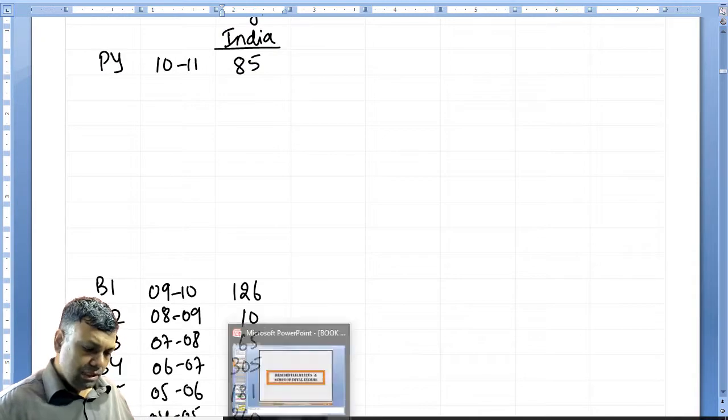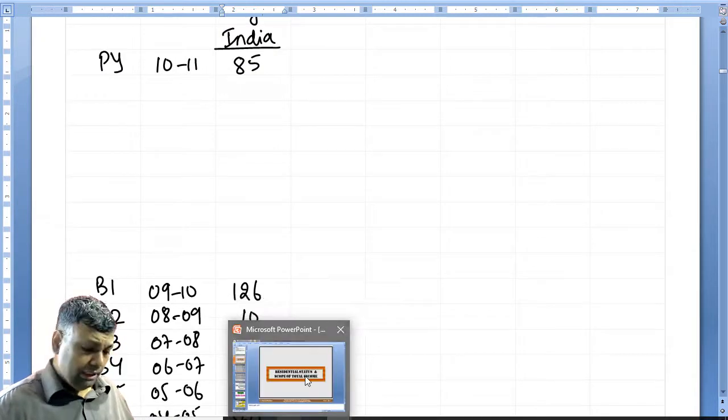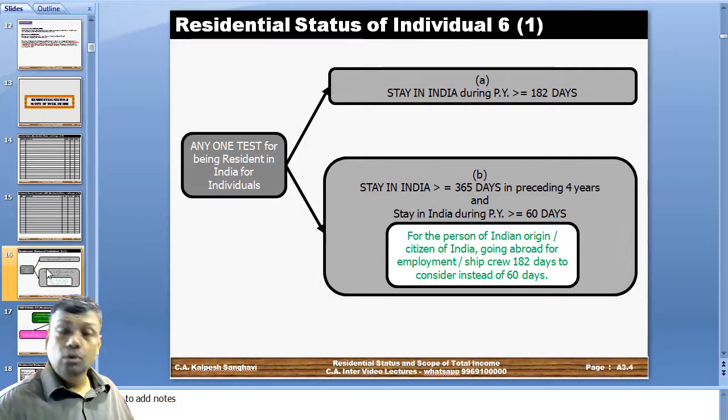Now I want you all to come to our study material and go through this particular condition, friends. This is already printed and given to you also.